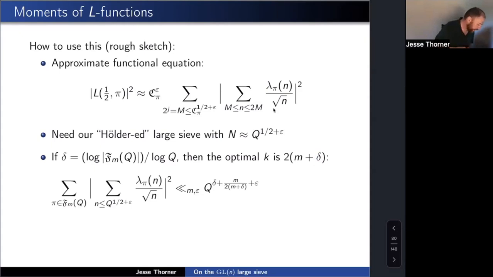And so now applying the large sieve inequality for this particular choice of B of n, what we're able to establish is that this is bounded from above by, again, I'm relying on delta here being log size of family divided by log of q, I get this upper bound, but q to the delta is just the size of the family.